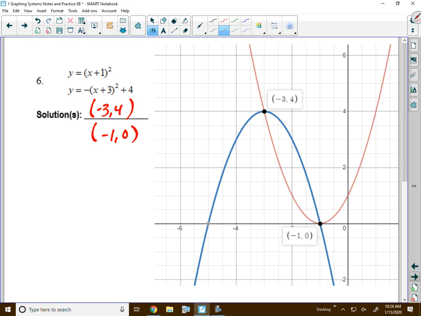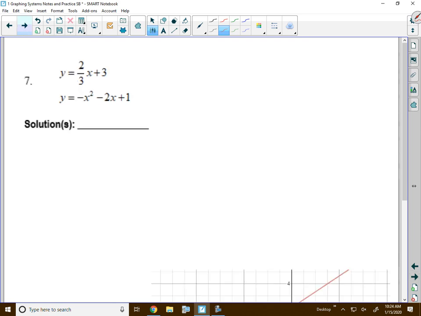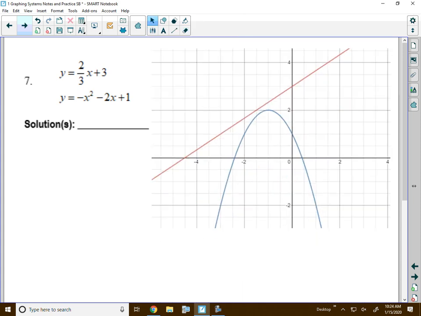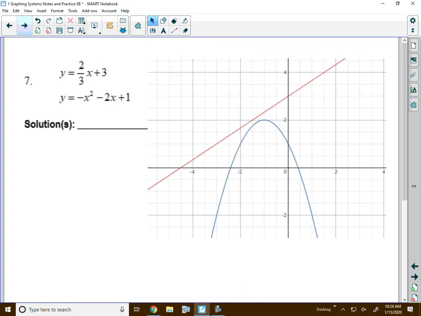Does that make sense? Okay. Number 7, same thing. So this is a regular graph and a quadratic. What happened here? None, right? They missed. So this would be no solution.